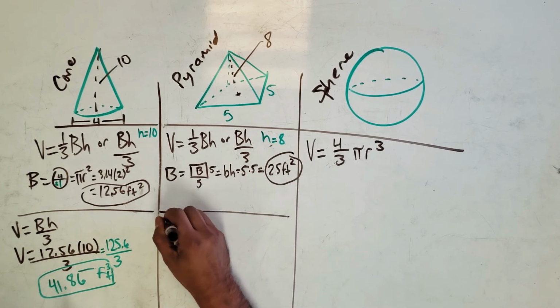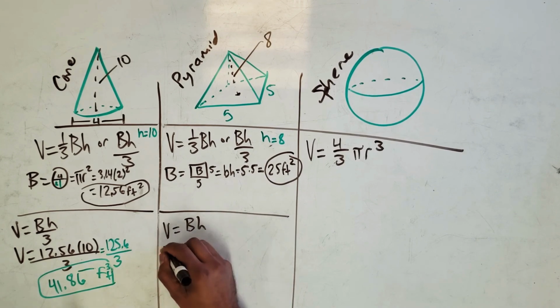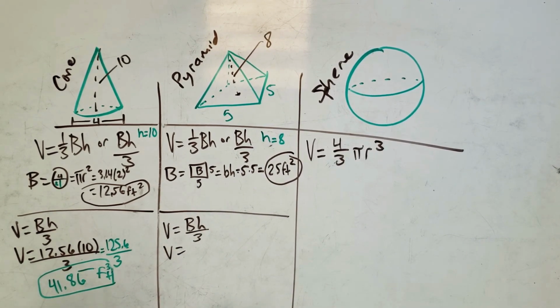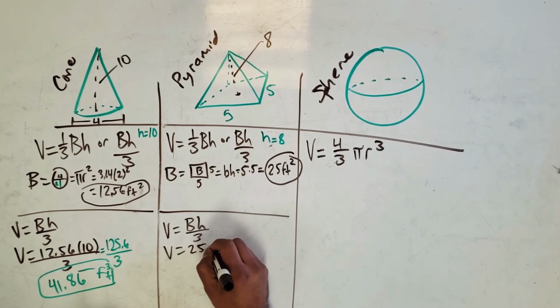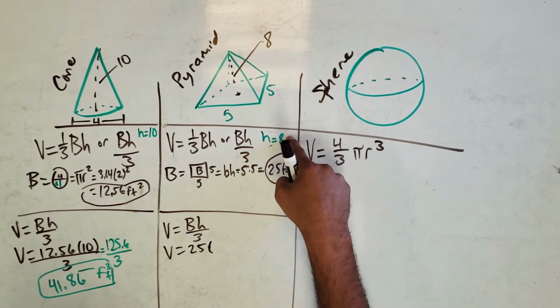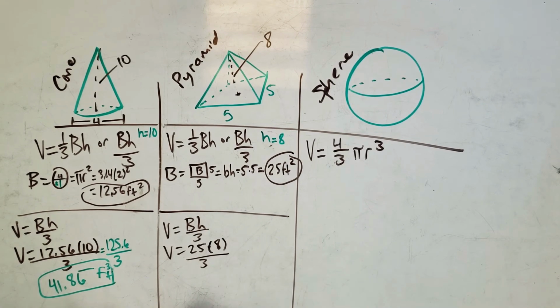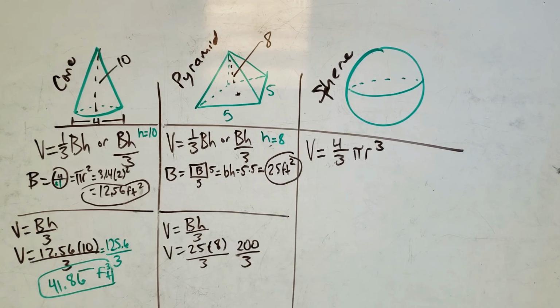Alright, so now it's my volume. V equals big B times H, divided by 3. Don't forget to divide it by 3, because otherwise we're just doing a box. Area of the base is 25, so I'm going to put 25 times the height, which is 8, and all that divided by 3. 25 times 8 is 200. 200 divided by 3 equals 66.66666 repeating.